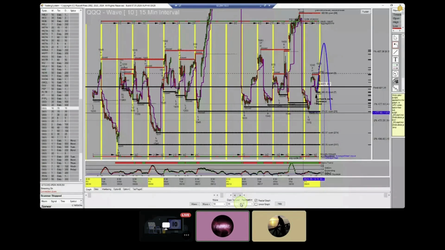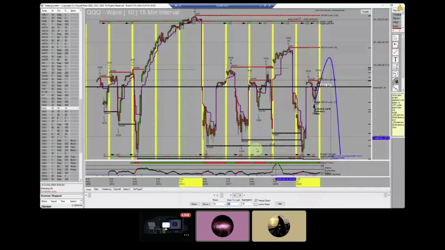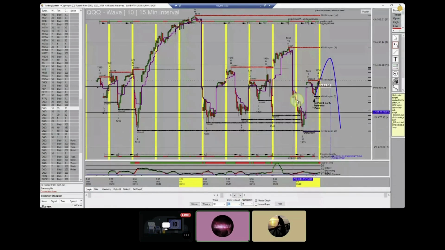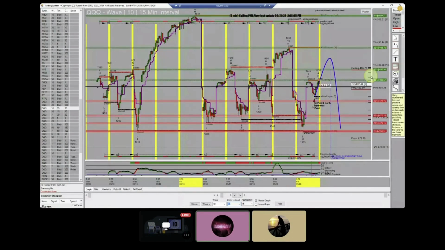Just to explain. You can see these open states are very close. So let's say I was in a bearish trade right here, I could have used these as targets.